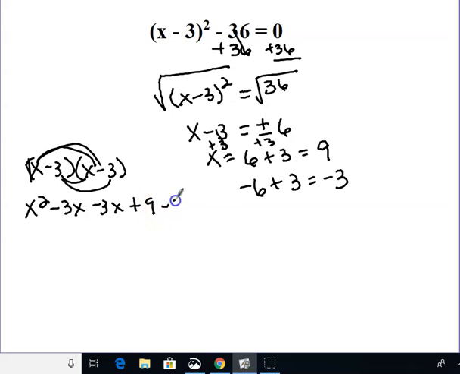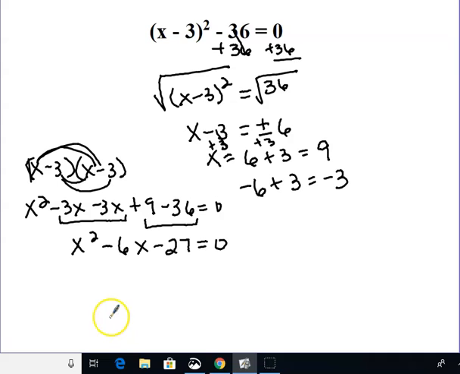Then minus 36 equals 0. And then continue. So your like terms and more like terms gives you that. If I see a square and another variable with a different exponent, I need to think about factoring if I can.